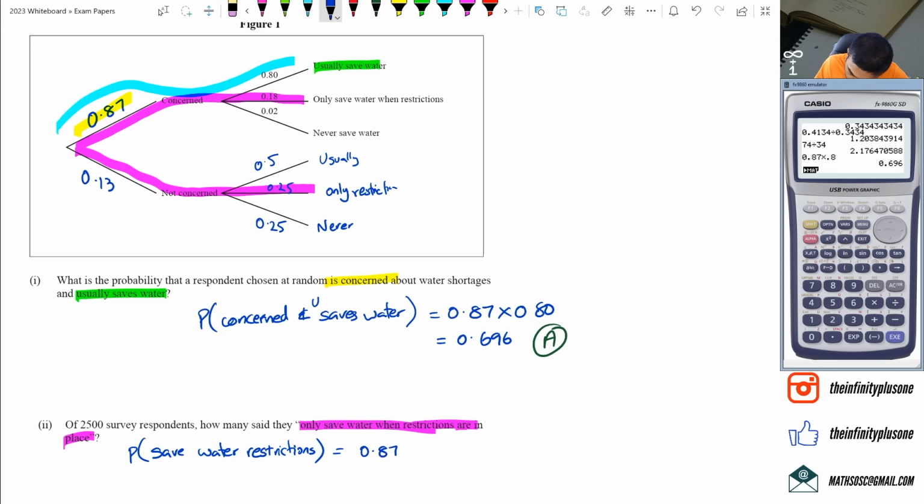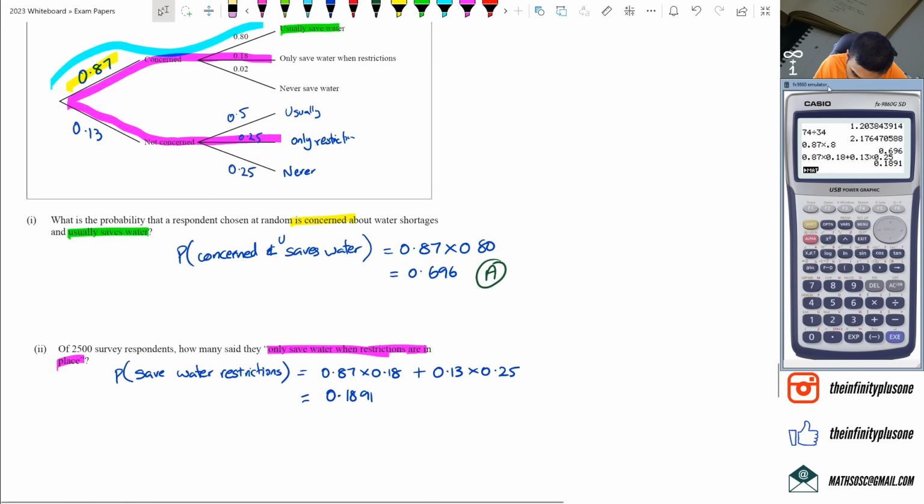is going to be 0.87 times 0.18 plus 0.13 times 0.25. Working that out first, where's my calculator? 0.87 times 0.18 plus 0.13 times 0.25 gives me 0.1891.